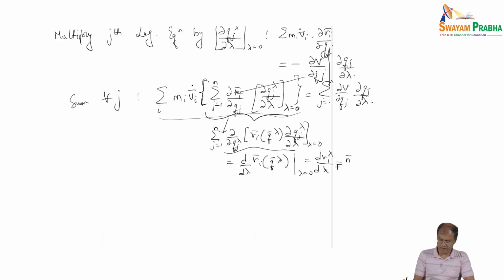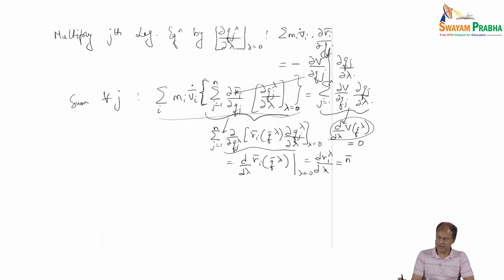Similarly the right hand side is nothing but d lambda of V of Q lambda, the partial derivative of this, and we see that this is also equal to 0.